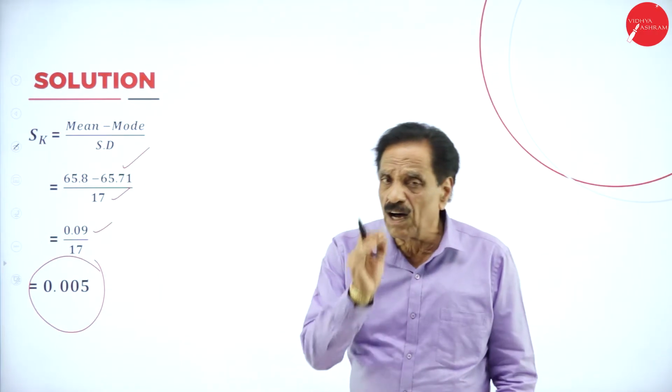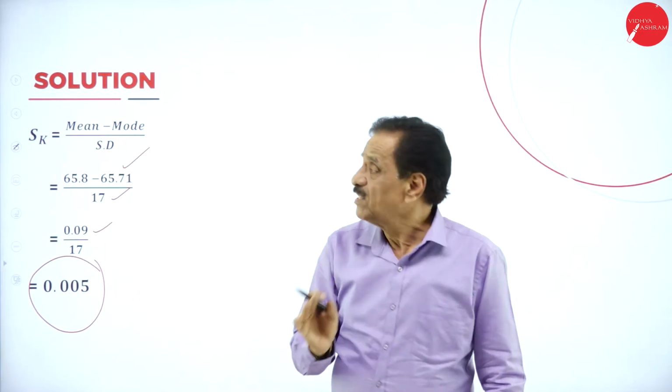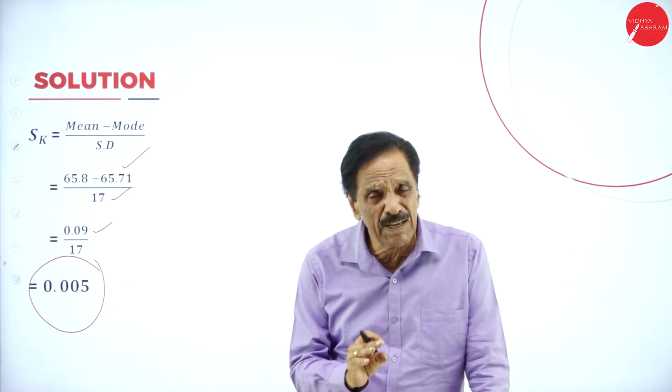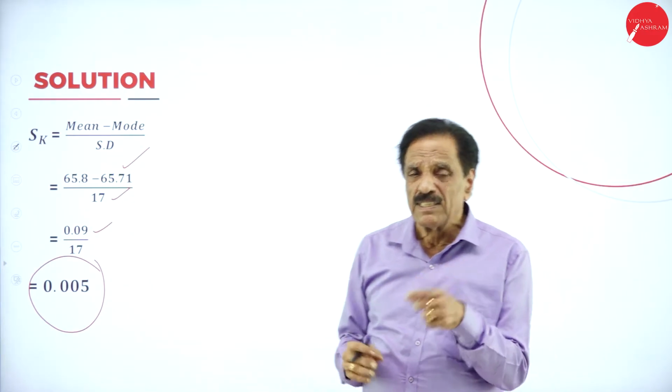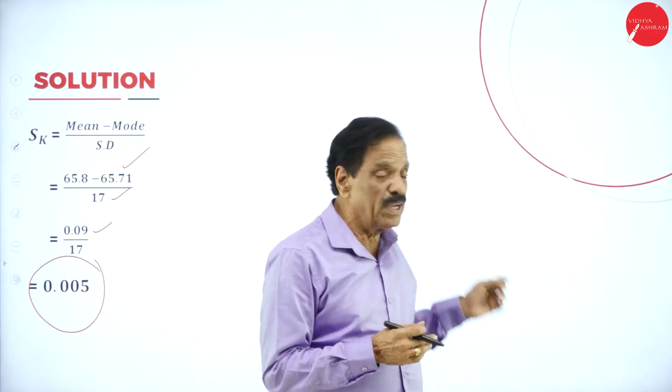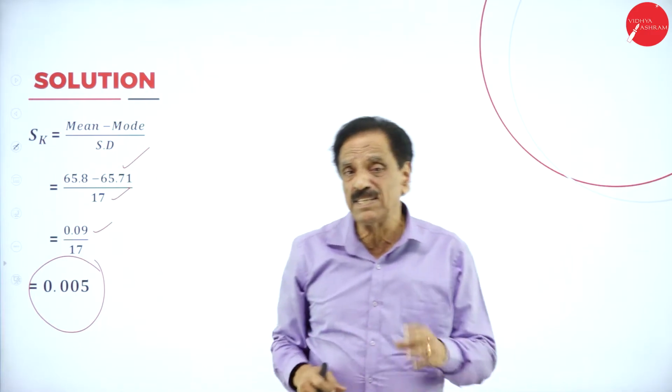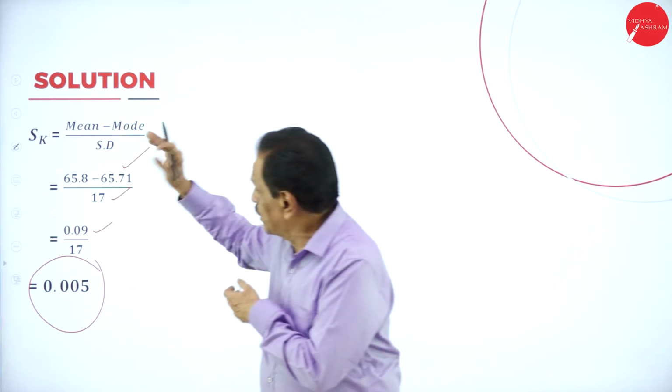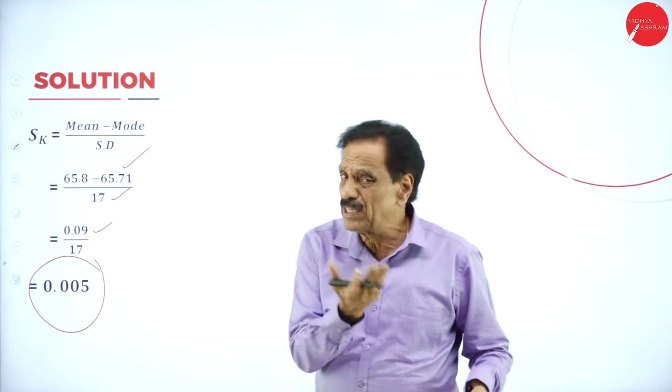The answer is always less than 1. So we already calculated the mean. In the measure of central tendency, you already read mean, mode and standard deviation.